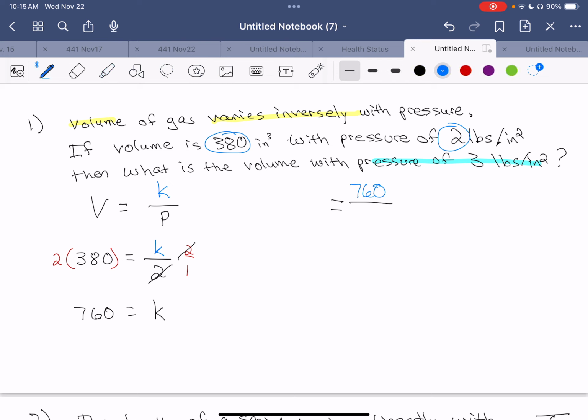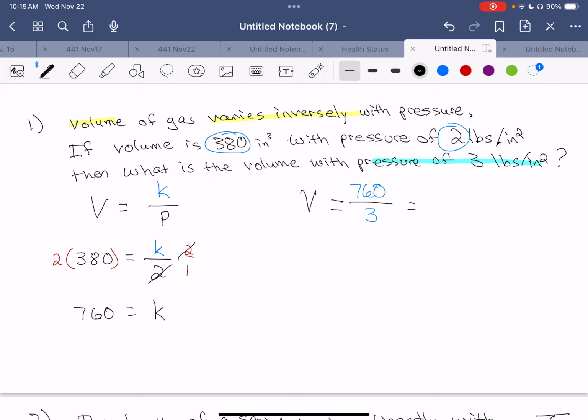That's the new information. So that would go here, 3 pounds. And volume is what we're solving for. So it's already V equals, so I can just calculate it, 760 over 3.